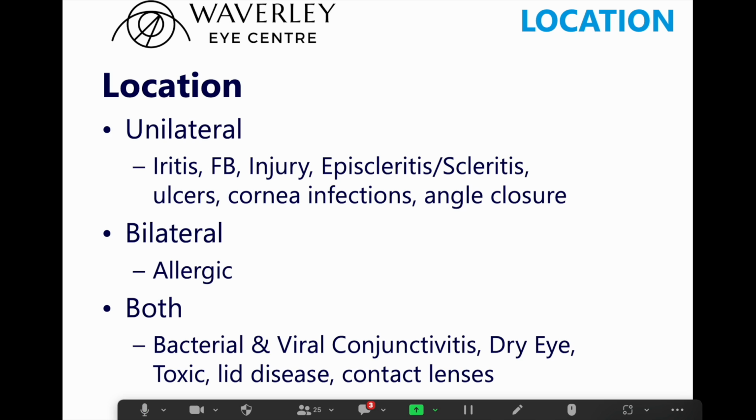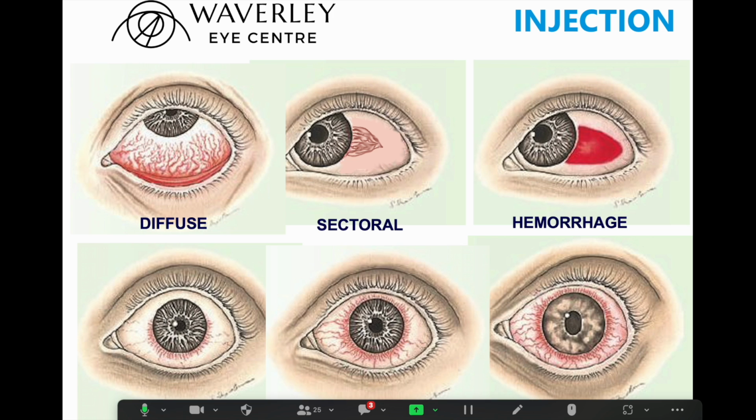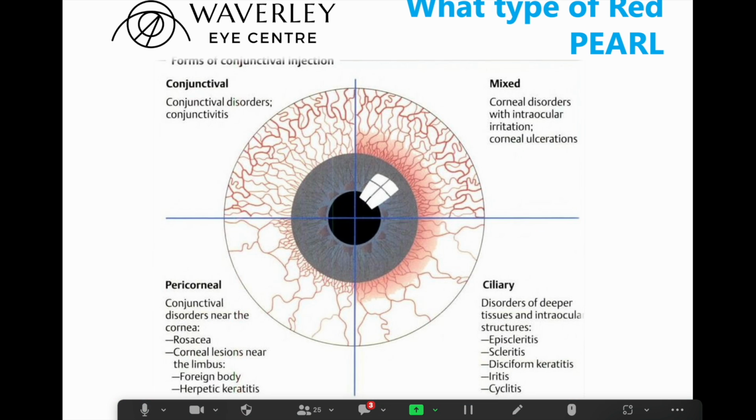Okay, so thinking about laterality, is this a unilateral red eye or a bilateral red eye? That's going to help differentiate things as well. But one thing that's going to be really helpful is taking a close look at where the redness is located and how it presents. In the top left, we have a diffuse red eye where the redness is increased towards the fornix. That can give you a different clue than one that's sectoral or hemorrhagic, or ones that, on this slide, show what we call ciliary flush.